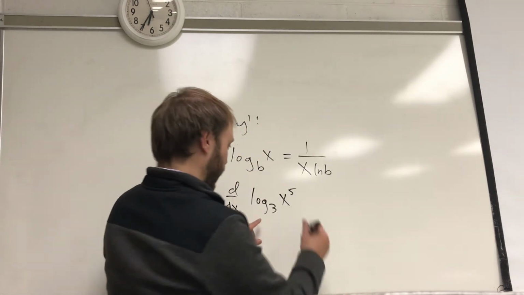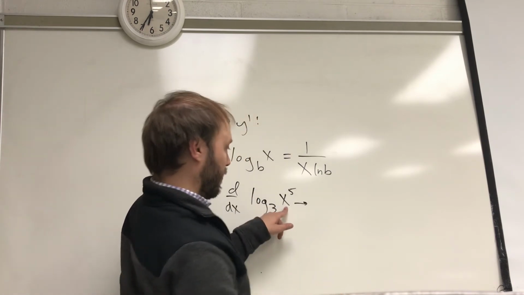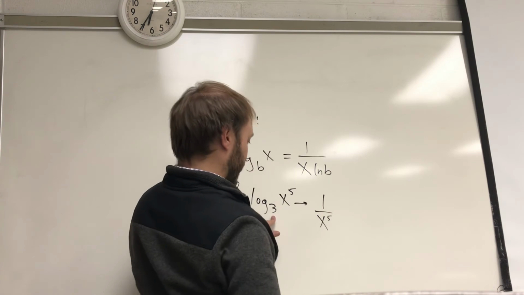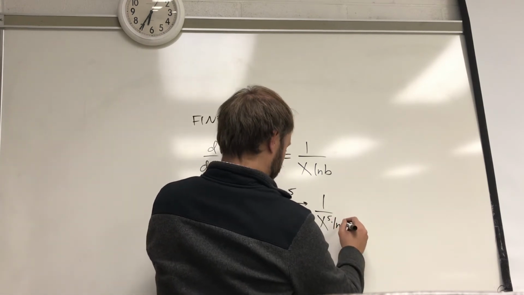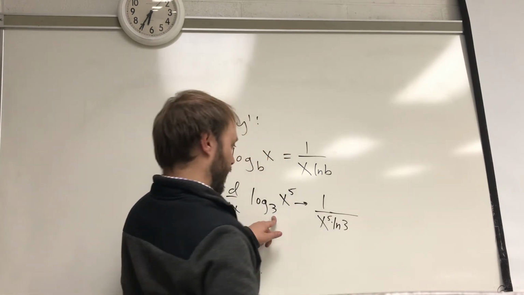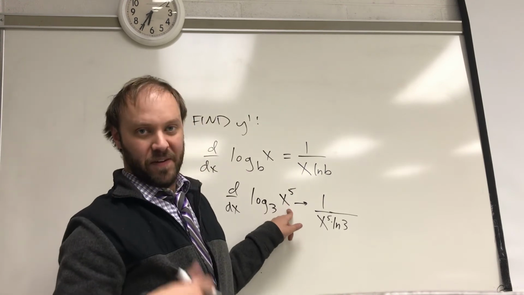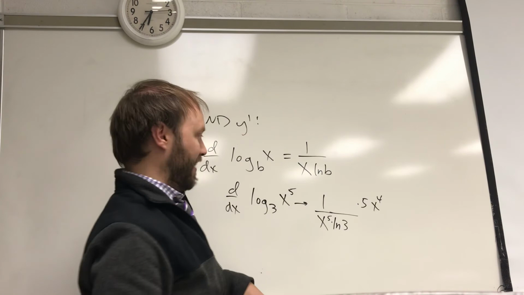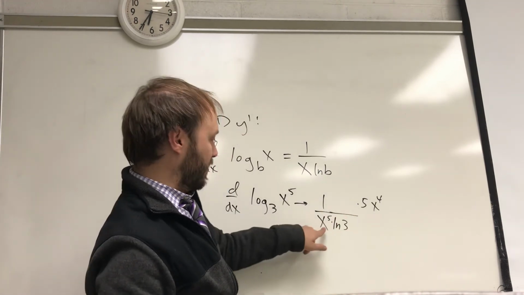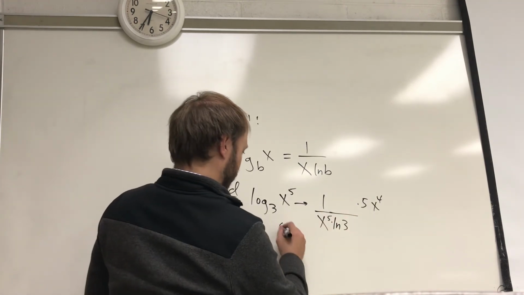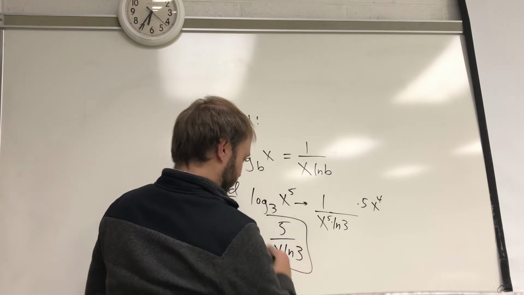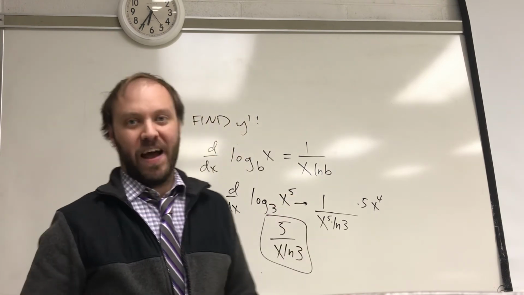This one would end up being the reciprocal of the inside function, just like the natural log function, times the natural log of the base, so you'll have the natural log of 3 in there. And then you've got to multiply by the derivative of the inside function, which is going to be 5x to the 4th. And then stuff's going to cancel. 4 of these will cancel 4 of those. You'll end up with 5 over x ln of 3. So this one does end up with a 5 on top.